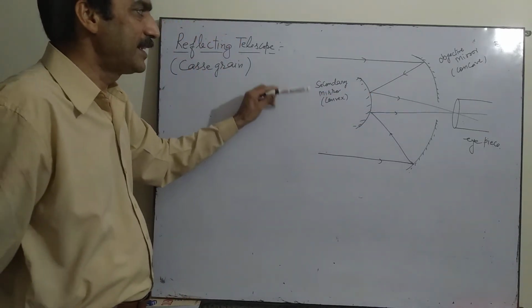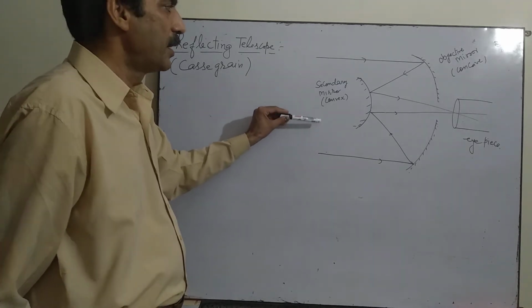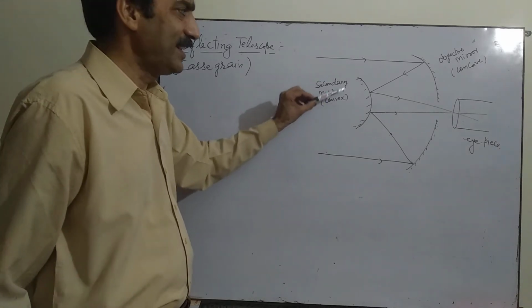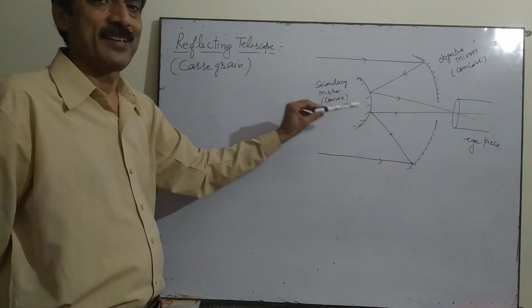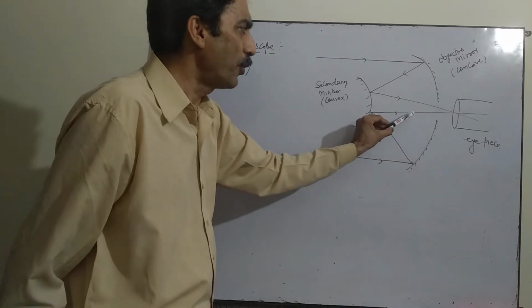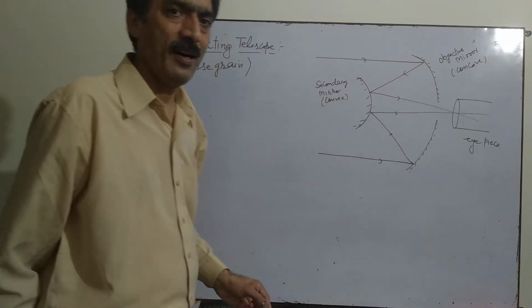But there is a secondary mirror, which is convex in nature, placed before the focus. So before doing so, these reflected rays of light are reflected again, and these reflected rays form the image of the distant object observed by the eyepiece.